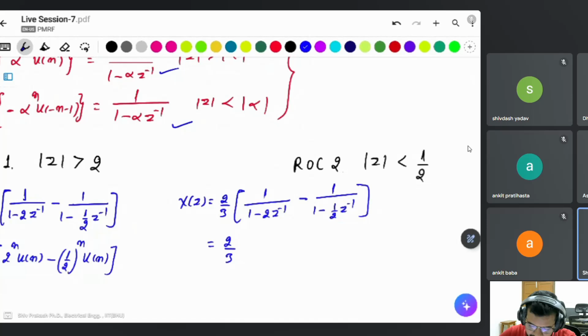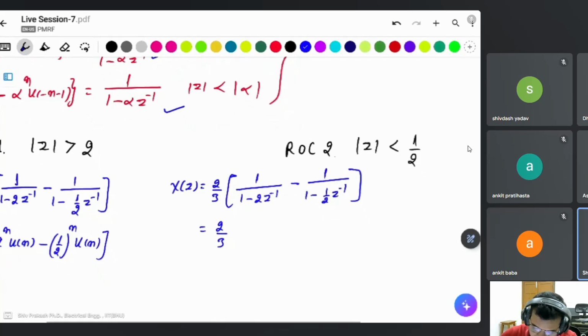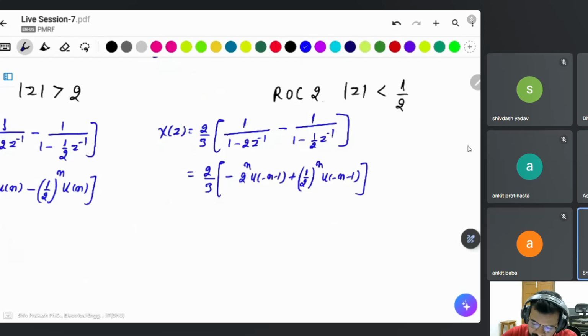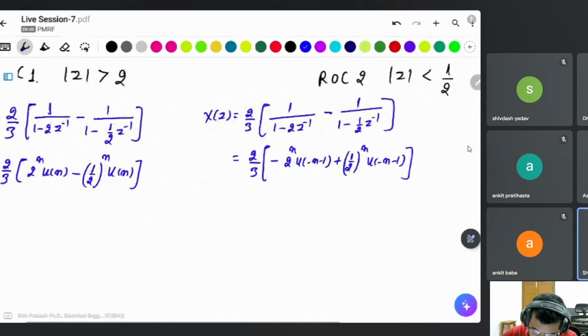It means the ROC lies inside the circle. For this one you negate: minus 2 to the power n u of (minus n minus 1); second, minus minus becomes positive, half to the power n u of (minus n minus 1). This is the inverse z transform of the system.